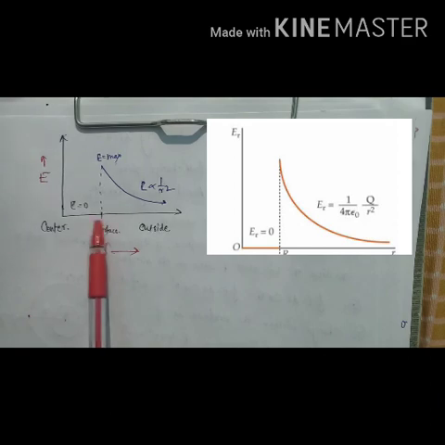Another very important question arises from this topic: what will be the electric field inside a conducting cell? Then we answer, the electric field inside a charged conducting cell is 0. So this is another important question from this topic. Thank you.